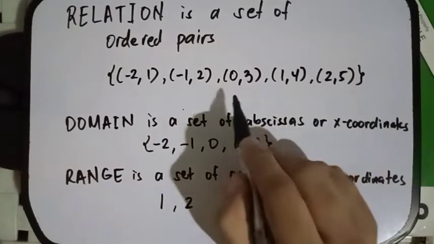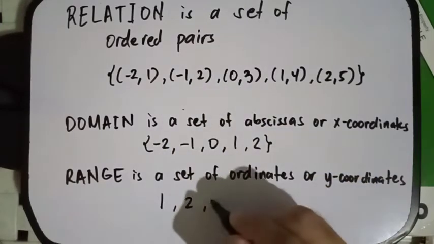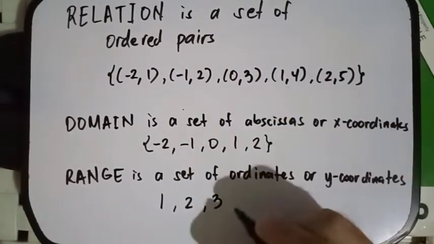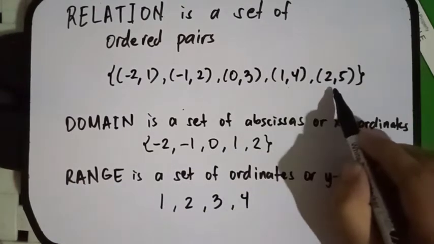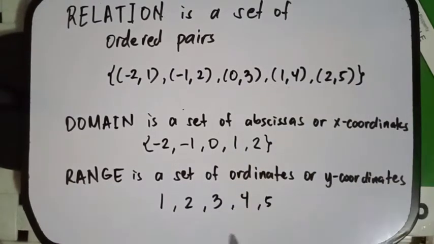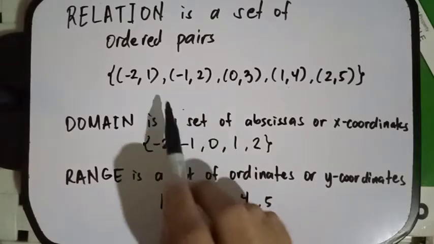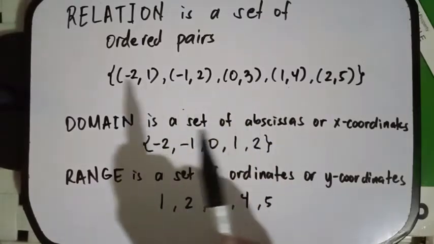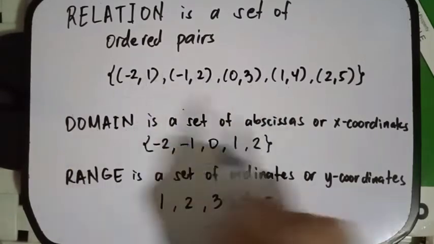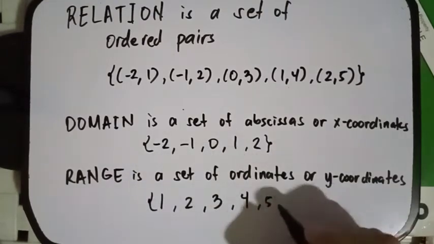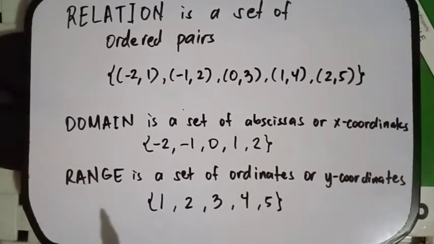Yung pangalawang number ang kukunin. So, dito naman ay 3. Tapos, dito naman 4. At yung isa naman ay 5. Itong numbers na to ay pangalawang number o yung y-coordinate ng relation. And yung set na ito, yan, ay yung tinatawag na range. Okay? So, therefore, ang range natin ay 1, 2, 3, 4, 5.